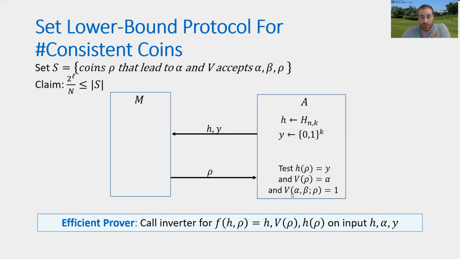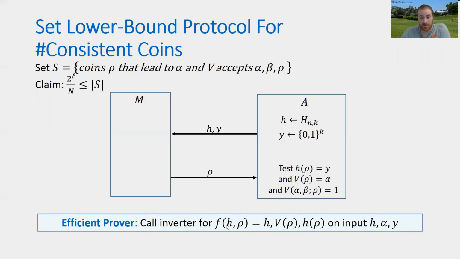The last part we don't actually need, because for the case of completeness, remember we're talking about the honest prover being efficient. In the case of completeness, every single one of the verifier's message randomness will cause the verifier to accept. So we don't really need to care about this last line.